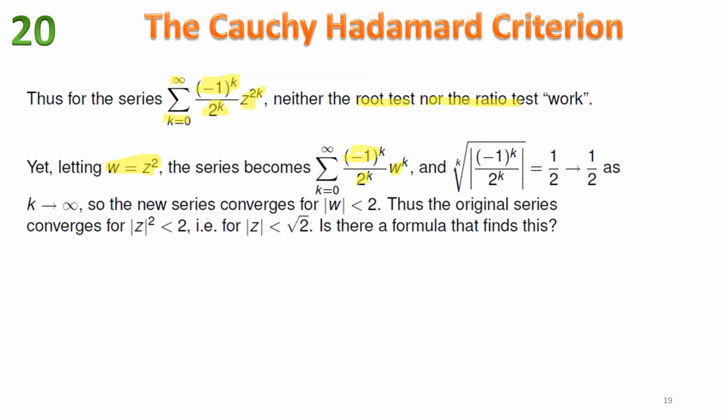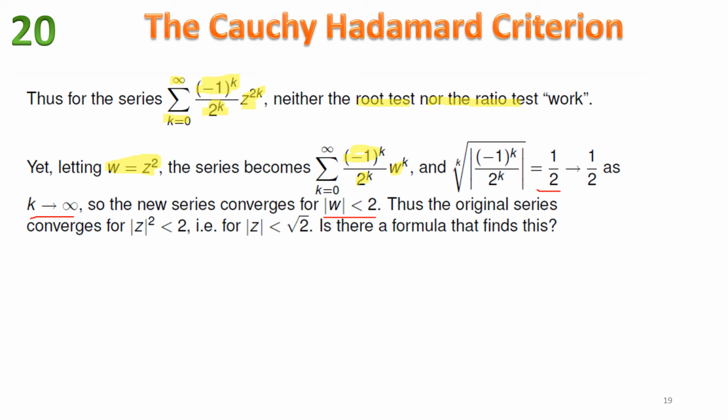Here the k-th root of the coefficient, minus 1 to the k upon 2 to the k, has value 1 by 2 when k approaches infinity. So now we have a new series that converges when mod of w is less than 2.